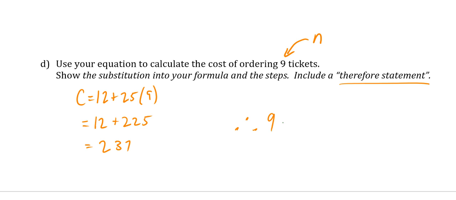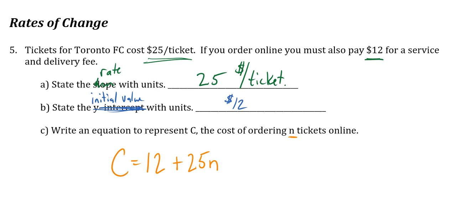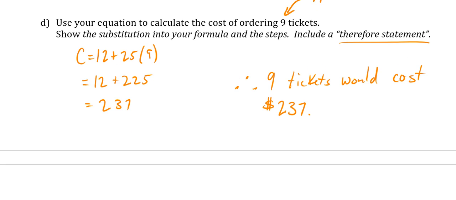Therefore, 9 tickets would cost $237. Okay, I hope that's clear. That's some work on linear relations, the change or the rate, and the initial value, making an equation, and then using our equation.